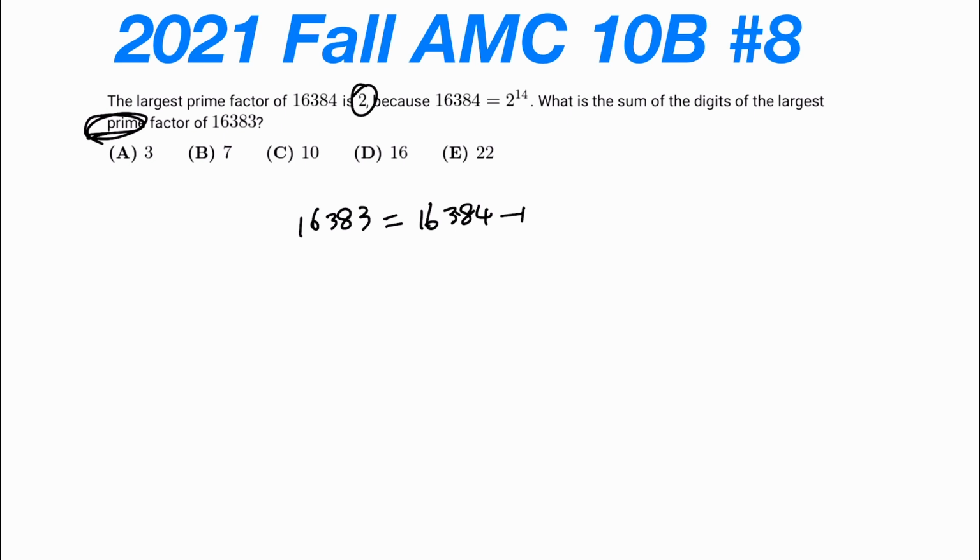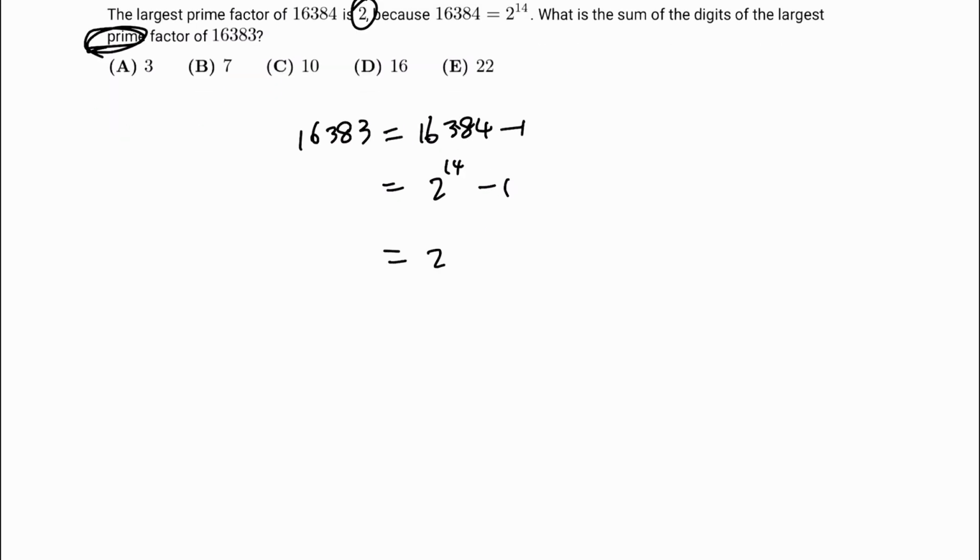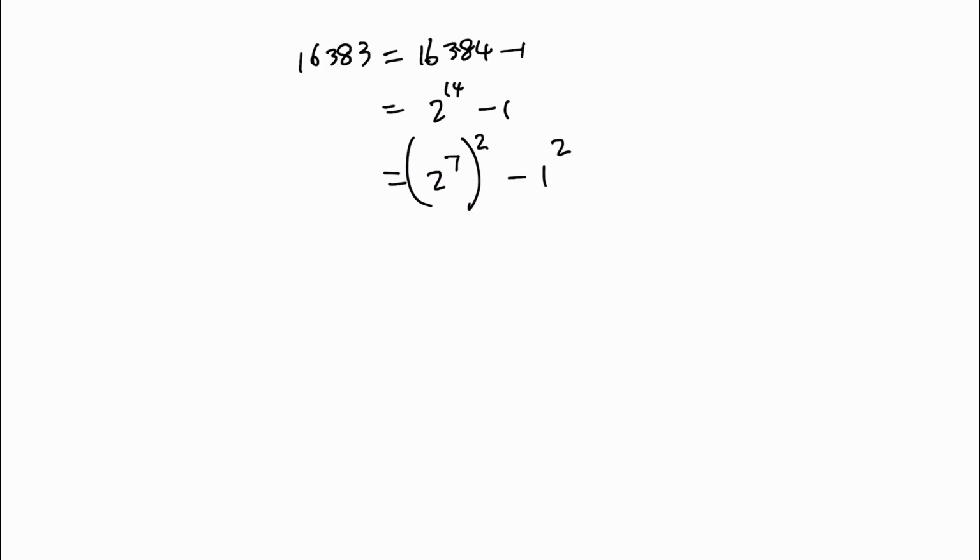I think all of you can agree on that. So that is 2 to the 14 minus 1. We can now use the difference of squares. We see that is 2 to the 7th squared minus 1 squared, and that is 2 to the 7th plus 1 times 2 to the 7th minus 1.